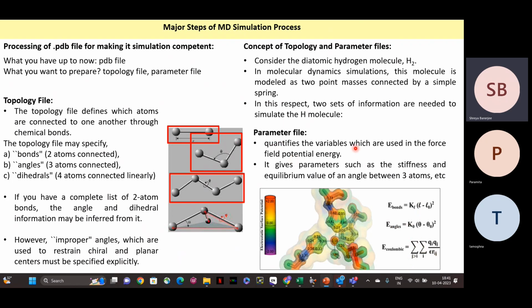So the parameter file will give the values of all these constants, which represent the stiffness and the equilibrium value of the angle. So the equilibrium bond distance R0 or the equilibrium angle theta 0, as well as all the constants which specify the stiffness of the bond, will be specified in the parameter file. So these two files need to be created before we can simulate a PDB file.